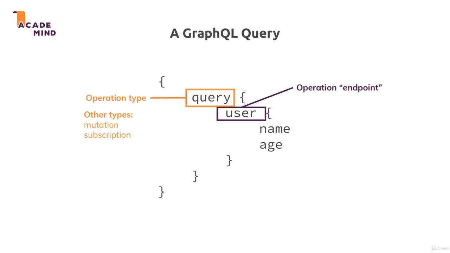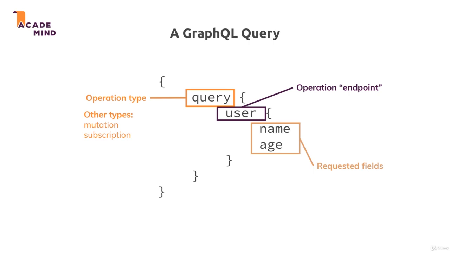You also have the endpoints, you could call them, or the commands you can execute, and you define them as a developer on your backend, the available endpoints. And then the fields you want to extract. And that is the flexible part, because you could, in one place, get the user with just a name, and in another place, you could get name, age, and email.